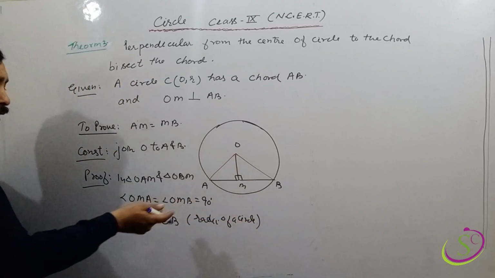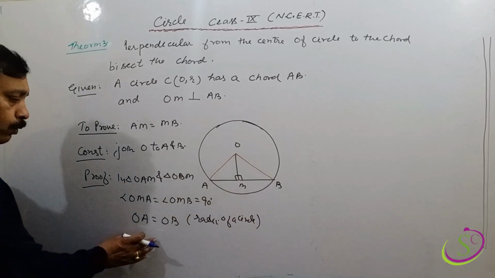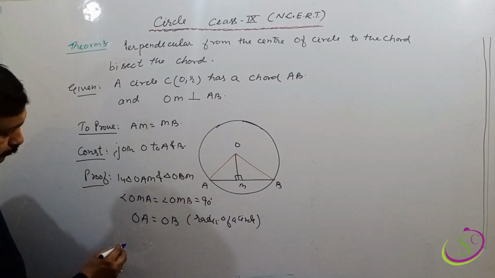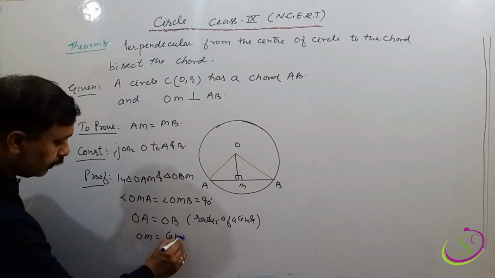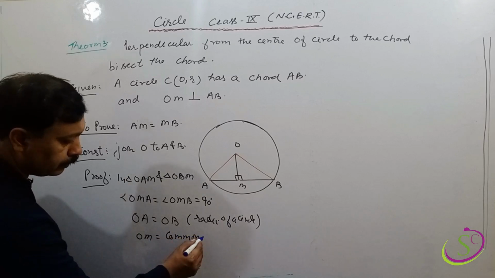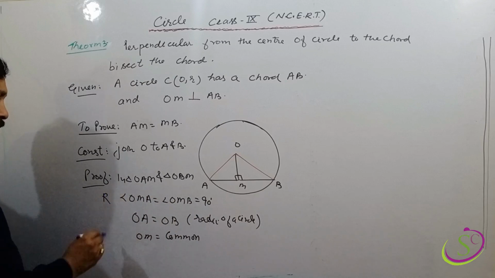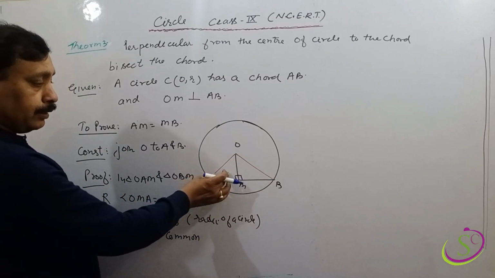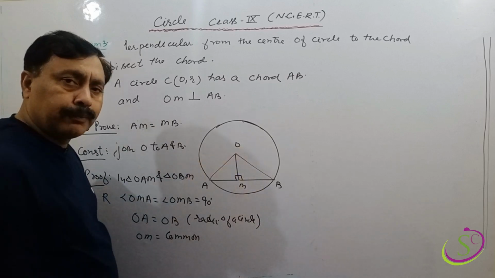Clear? In coming questions, so many times we will write this thing, OA equal to OB. And OM is the common side of both triangles. This angle is a right angle, and the side opposite to this 90 degree angle is the hypotenuse, and the same here, it is also the hypotenuse.